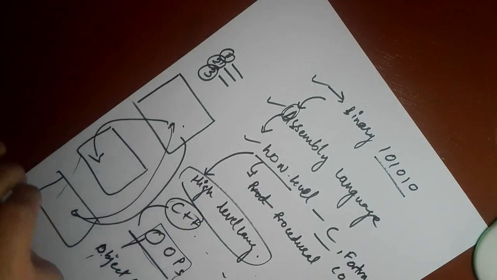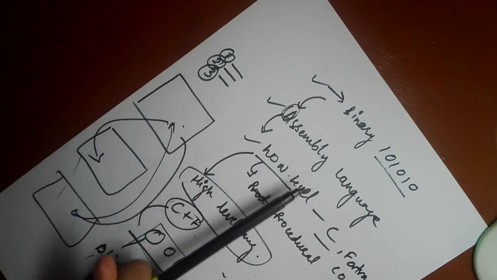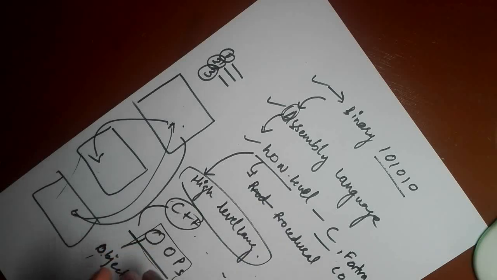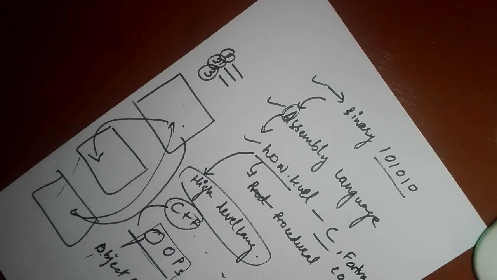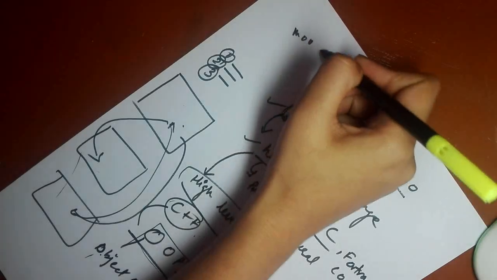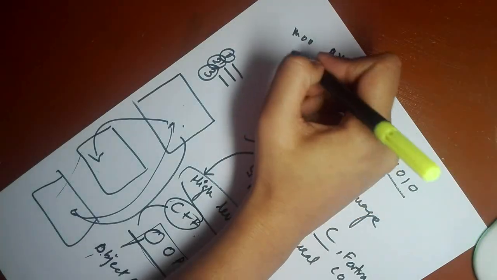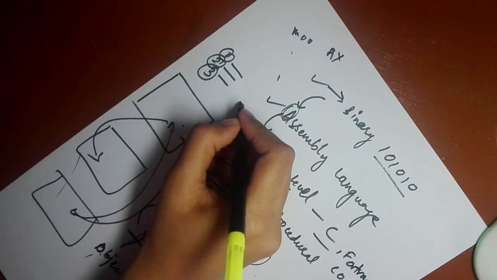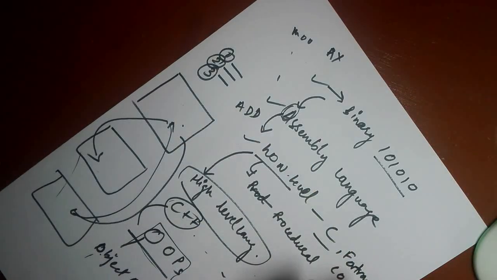I'm not a fan of assembly language, so I'm just going to keep saying its name a lot of times. But in assembly language, to do one task, you need a billion coded lines, like you should move AX to BX and do whatnot. And then after all of that, you have to add.